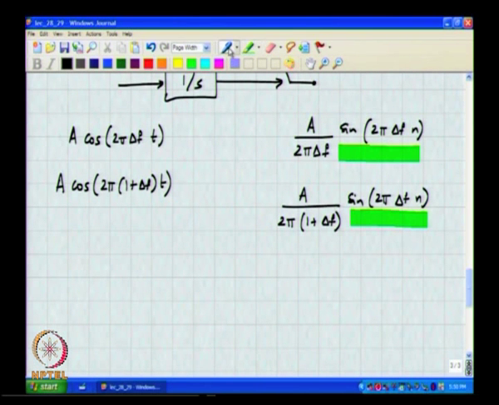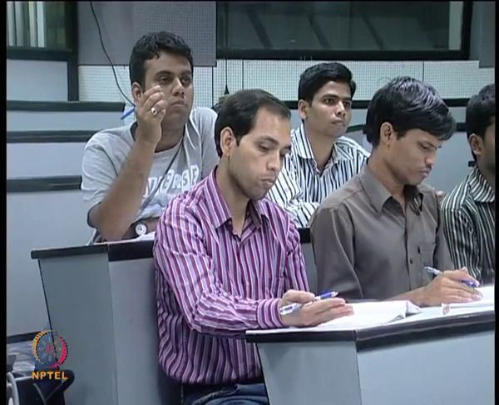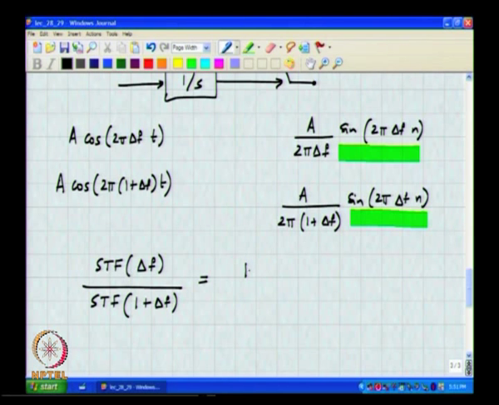So, what is the gain of an input? The ratio of the STF at delta f to the STF at 1 plus delta f must be, in this case, simply 1 plus delta f by delta f.